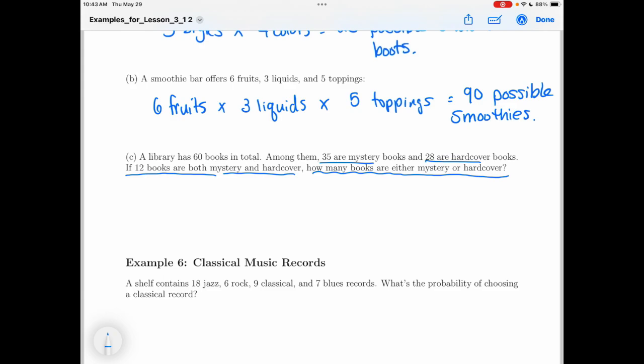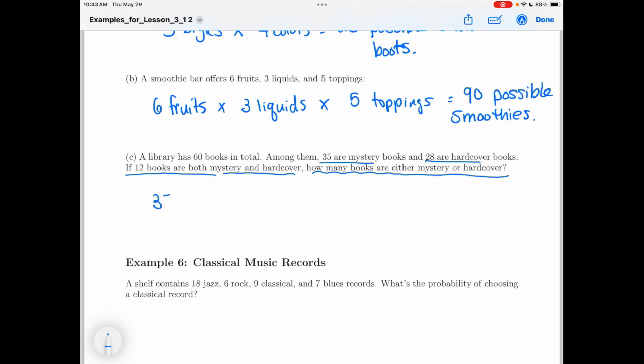So those 12 books are in both categories because they are both mystery and hardcover. So the same 12 books are in the 35 that are mystery, and they're also in the group that's 28. So when we want to count the total number of unique books, we need to make sure that we don't double count those 12 books.